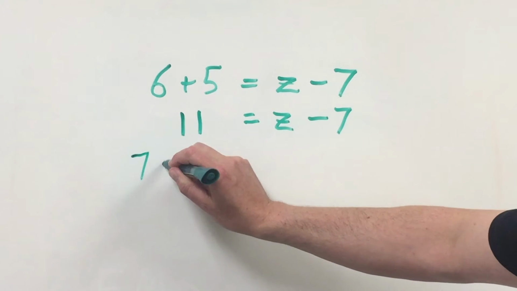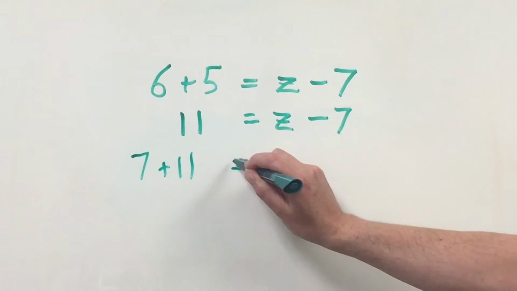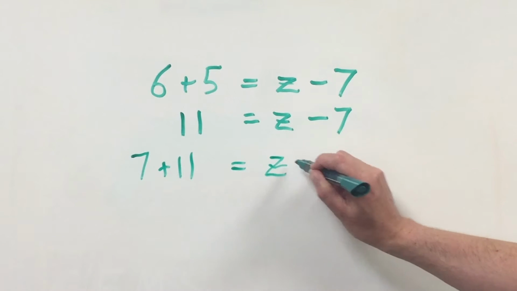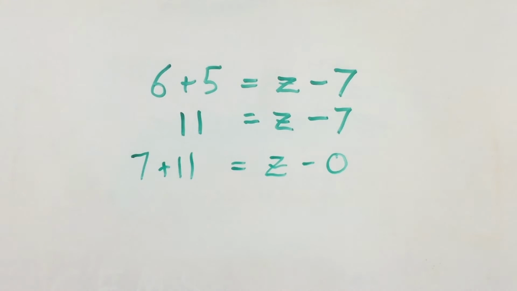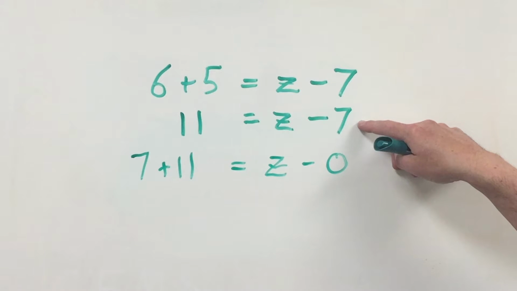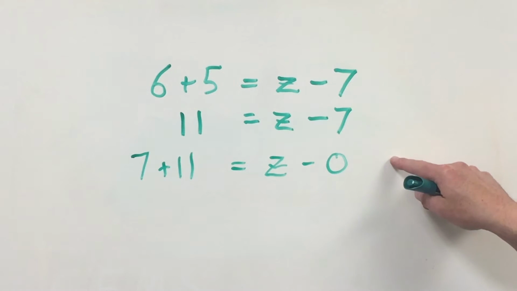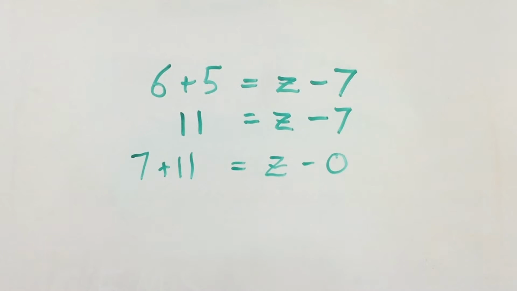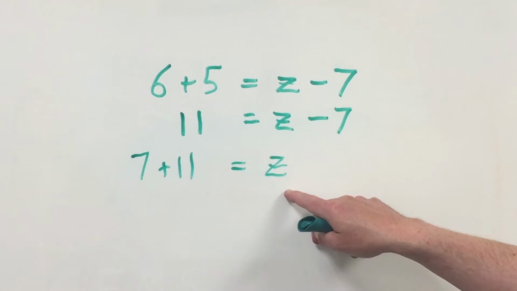So 7 plus 11 equals z minus 0, because 7 plus minus 7 is 0. We can remove that, and now we have the z all by itself.